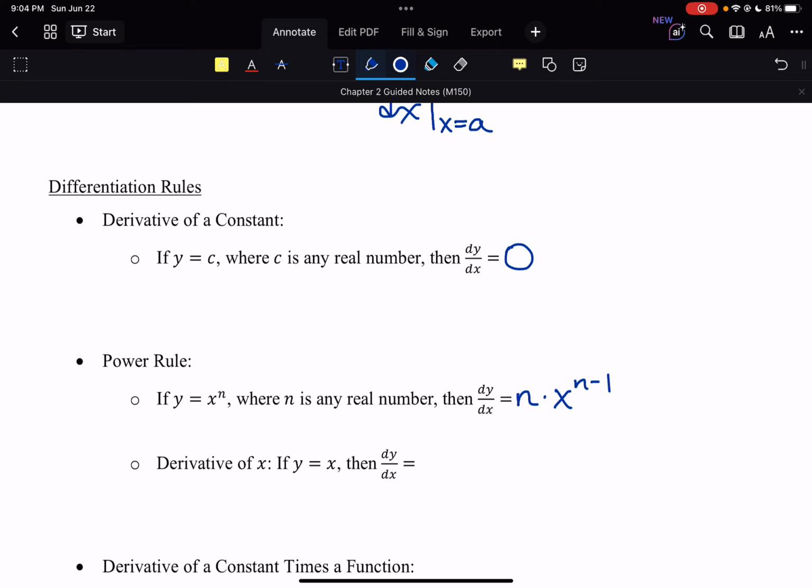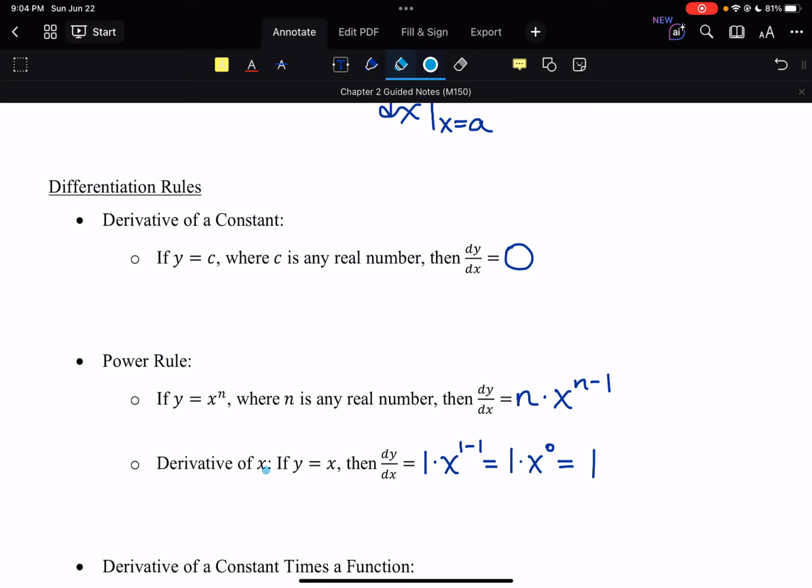This property does extend to ones where maybe you can't even see the power. So like the derivative of x by itself, if y is x to the first, then the derivative of that would be 1 times x to the 1 minus 1. So 1 times x to the 0, but x to the 0 is just 1, so we just get 1.